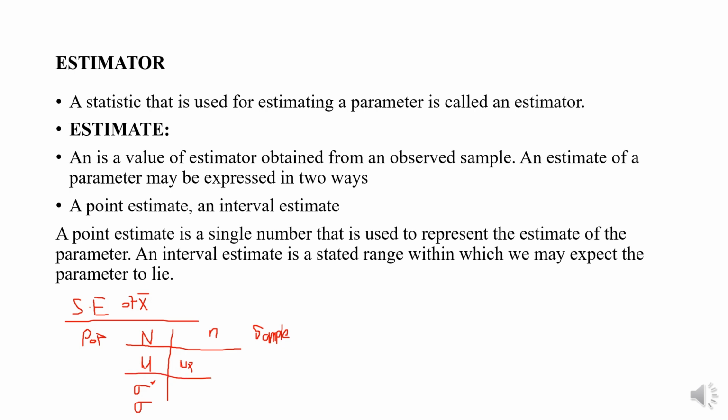The next one is the variance of the distribution of x bar, so for variance we have sigma square x bar. And the last one is the standard deviation of the distribution of x bar, so we have sigma x bar.